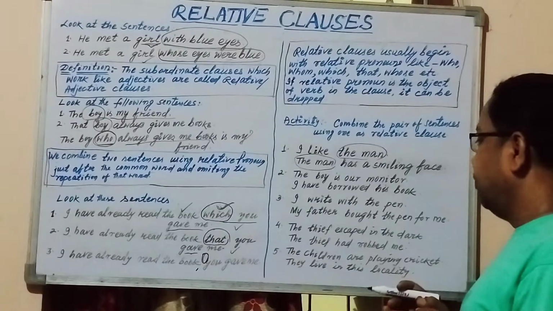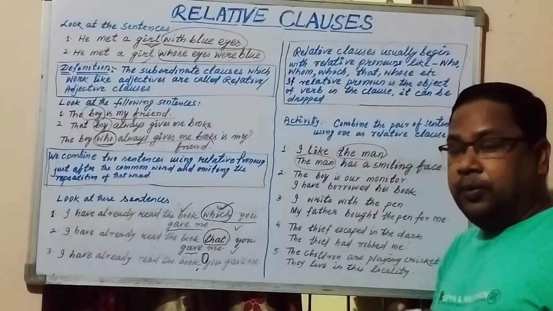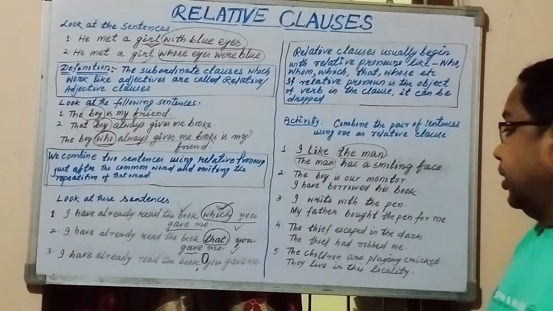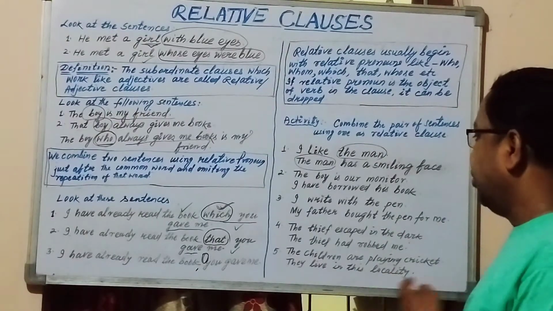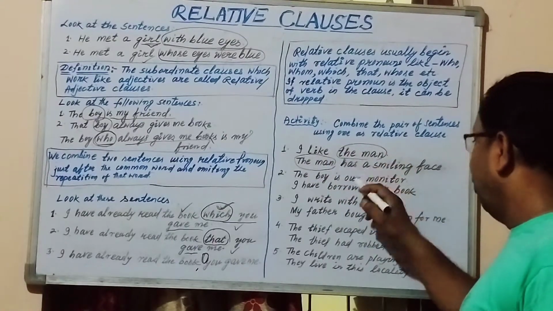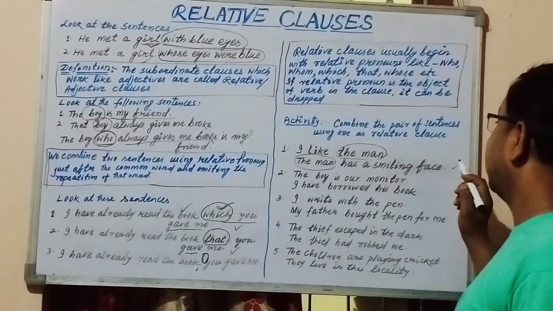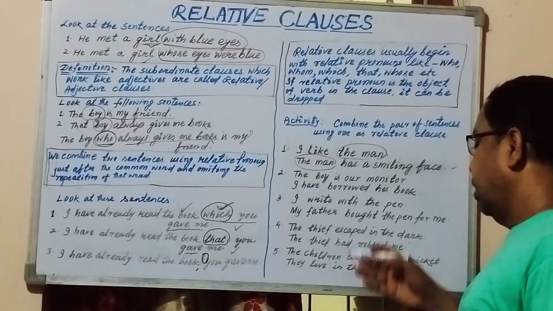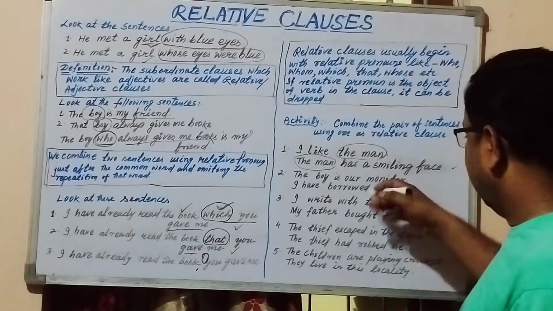Man is a person, so we will use the relative pronoun who. So we will write, I like the man who has a smiling face. Like this you will do the other questions.